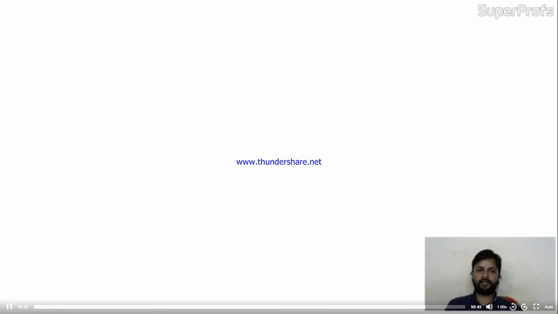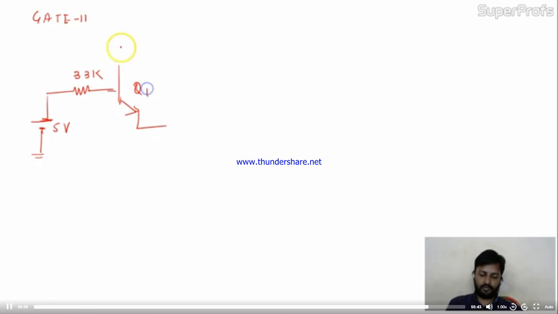This problem came in GATE 2011. And the problem given is: 33K connected with 5 volt. This is 5 volt like this. This is connected to BJT Q1. Let's take it Q1. And the collector of this is connected with 5 volt.